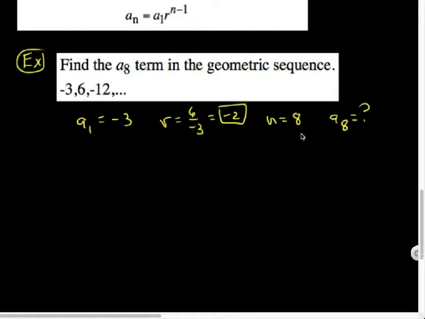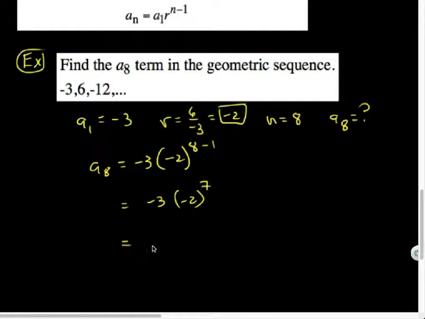Right, so I've labeled everything I know, and now let's just plug it in. So a sub 8 would equal -3 times parentheses, -2 to the 8 minus 1th power. So that is equal to, remember exponents before multiplication here, 8 minus 1 is 7, -2 to the 7th.